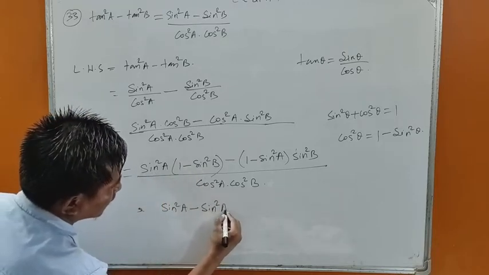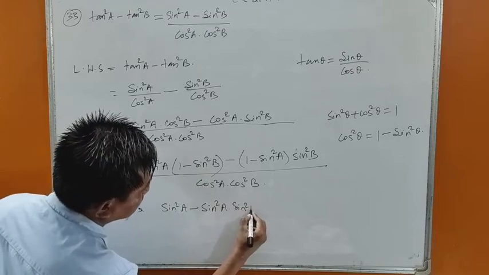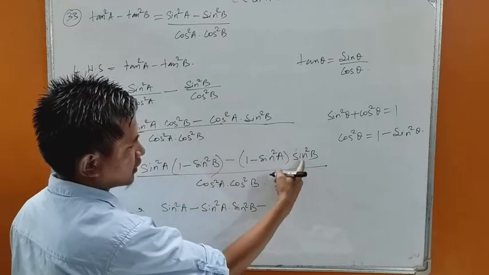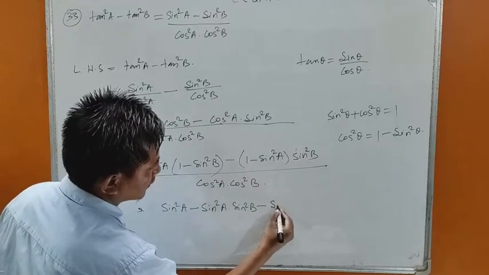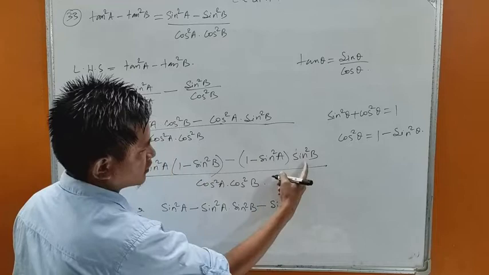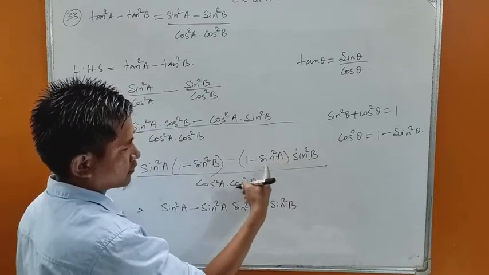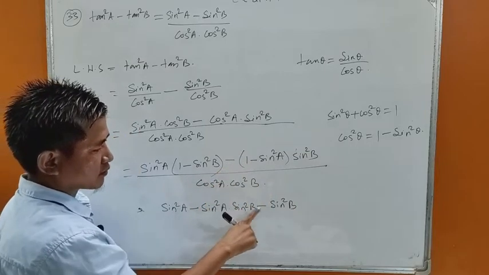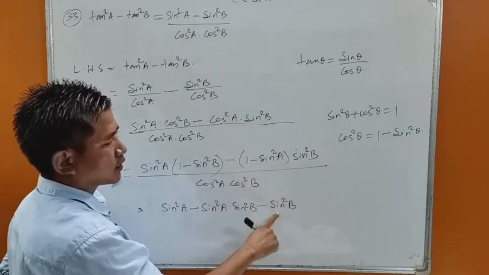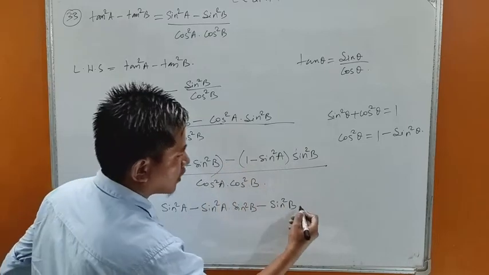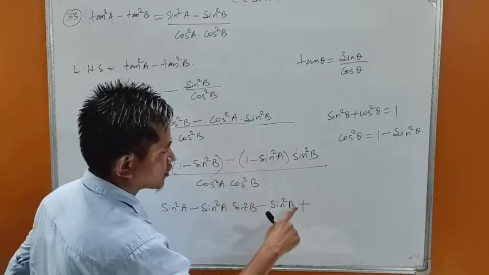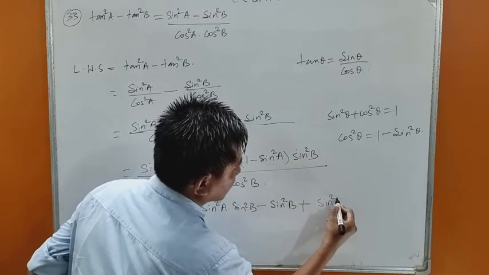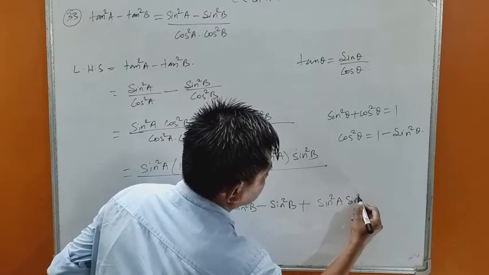So minus into plus, minus sin square b into 1, sin square b, because this sin square b is also multiplied with this. There is a bracket sign, so we must multiply this. Minus into plus is minus, sin square b into 1 is sin square b, minus into minus is plus, sin square b into sin square a is sin square a sin square b.